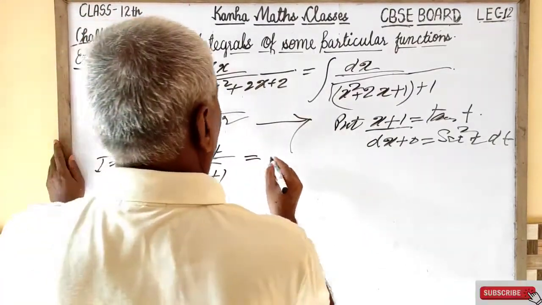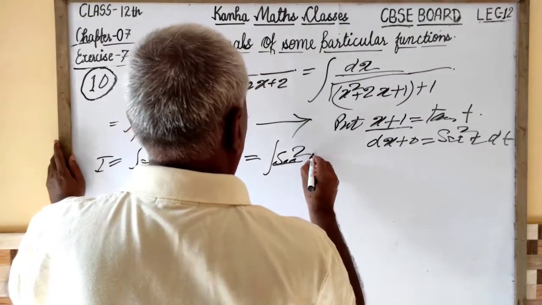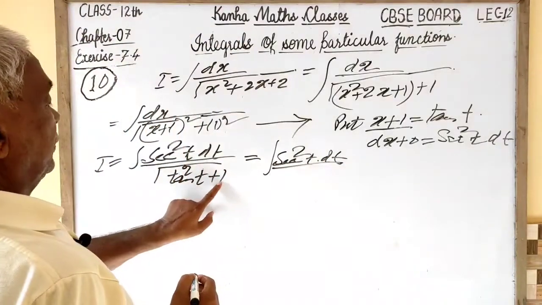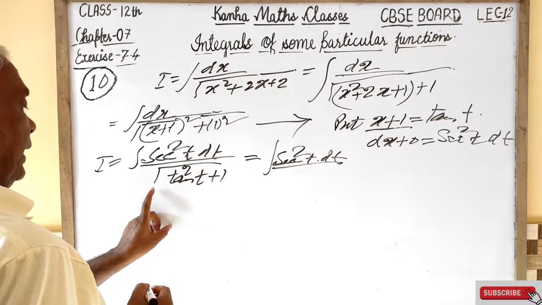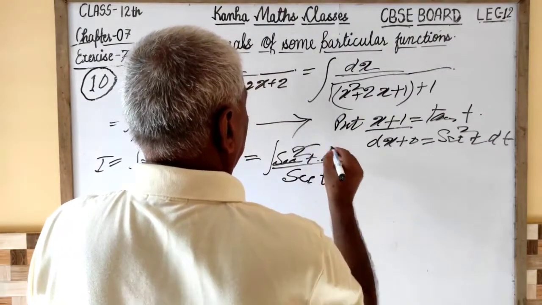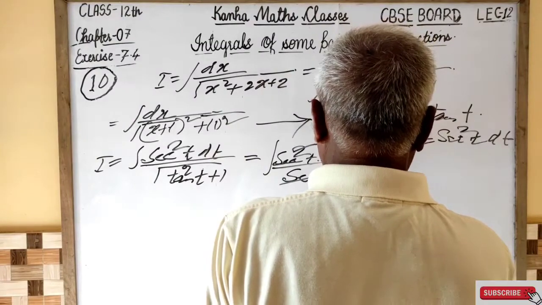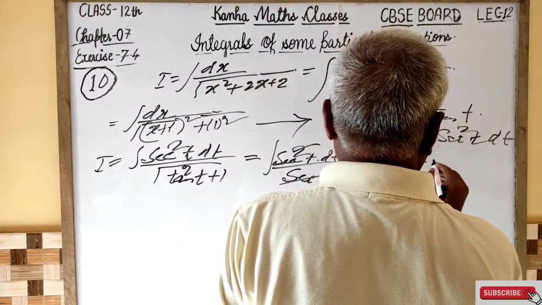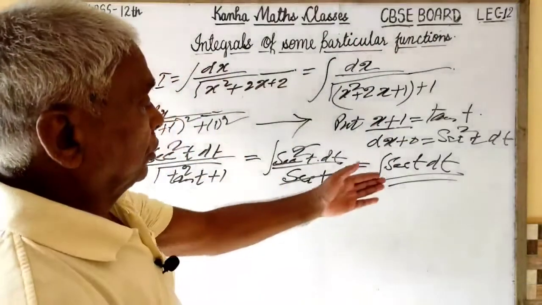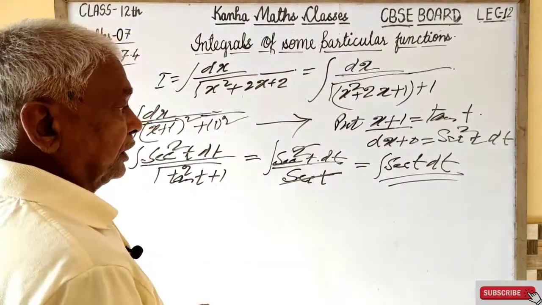Now sec square t dt, and denominator 1 plus tan square t will be equal to sec square t, and under root means only sec t. Sec t will be cut by this, and now here it is left only sec t dt, and from here we will follow the usual formula, that is by multiplying numerator and denominator by sec t plus tan t.